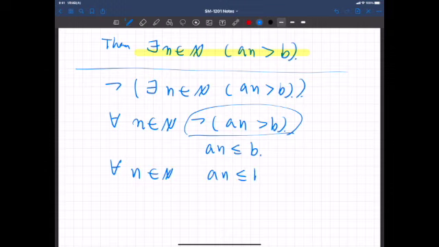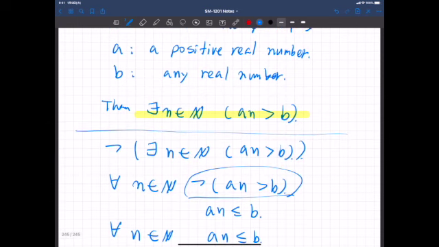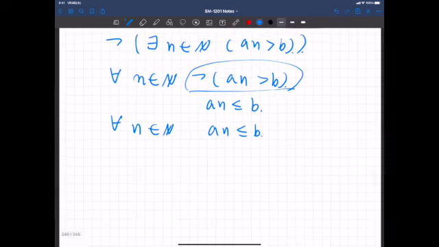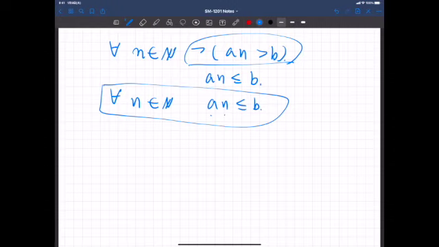So a is a positive real number and b is any real number. Suppose for all natural numbers we have an is less than or equal to b.